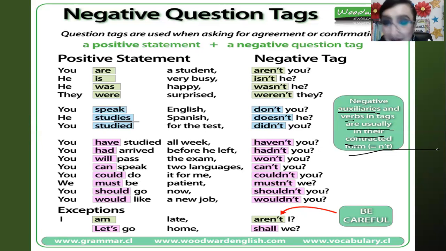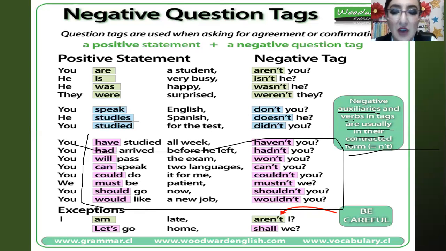Mustn't we? You should go now. Shouldn't you? You would like a new job, wouldn't you? What do you think? This is easier because the same modal verb is going to be the auxiliary verb.